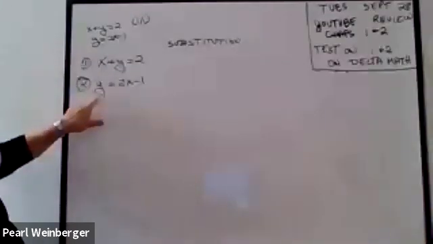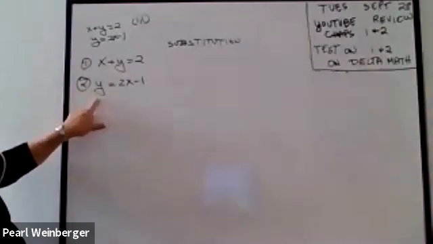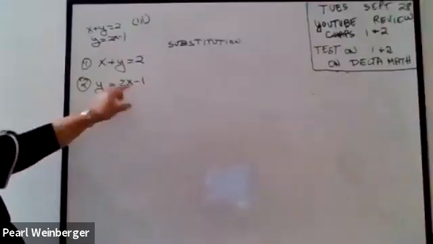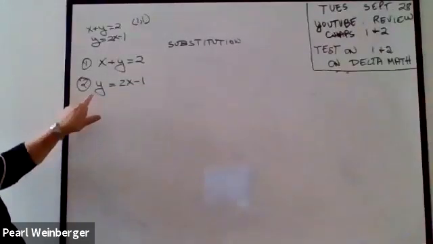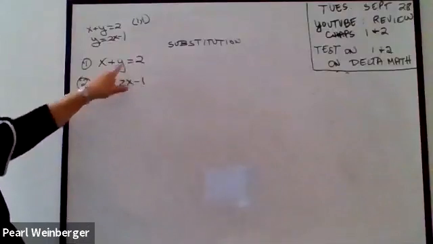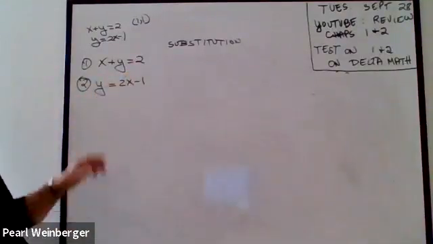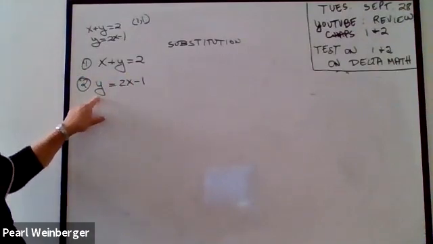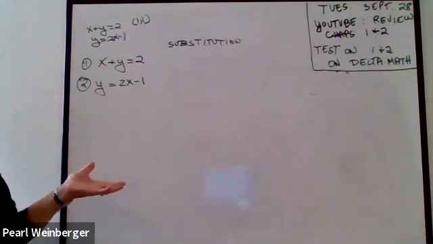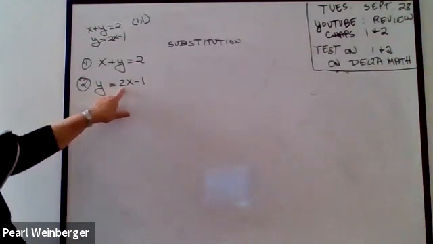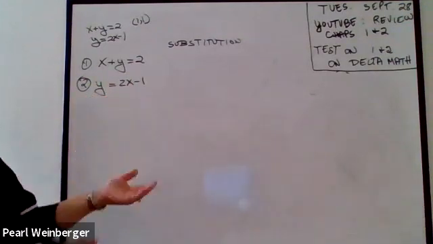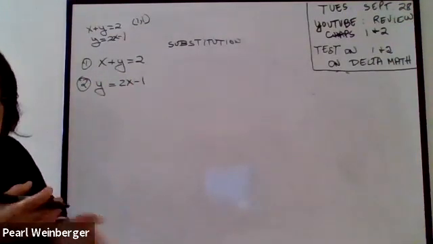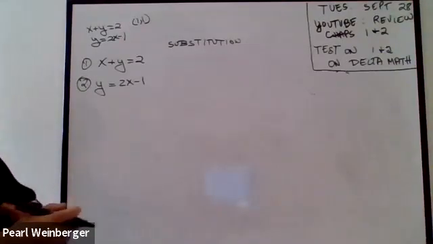But in equation number 2, it says y equals 2x minus 1. We're telling you what the y is in terms of x. Now, that means in this problem, y can have two names. y can be just called y, or y could also be called 2x minus 1. When two things are equal, it means they're identical and they can be used interchangeably.